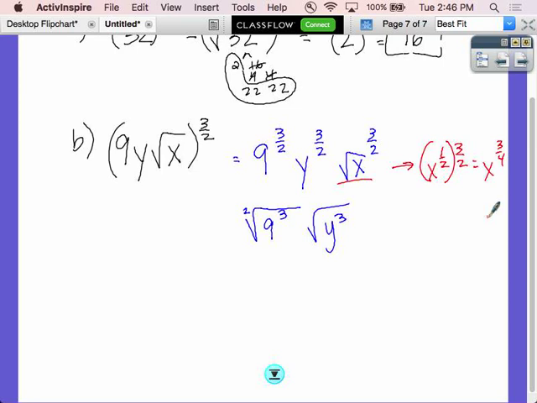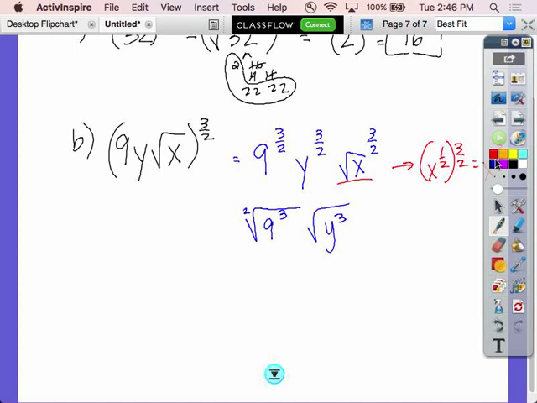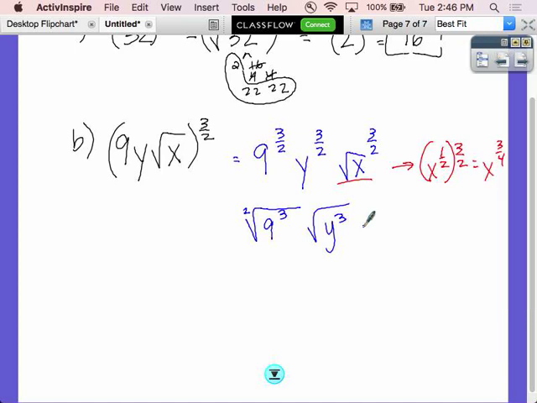Look. The square root means x to the 1/2, and then you're raising it to the 3/2 power. So you say 1 times 3 is 3, 2 times 2 is 4. So when we write this over here, that's going to give us the 4th root of x to the 3rd.